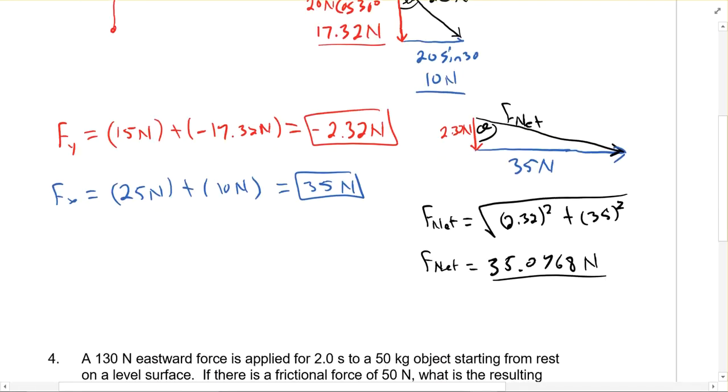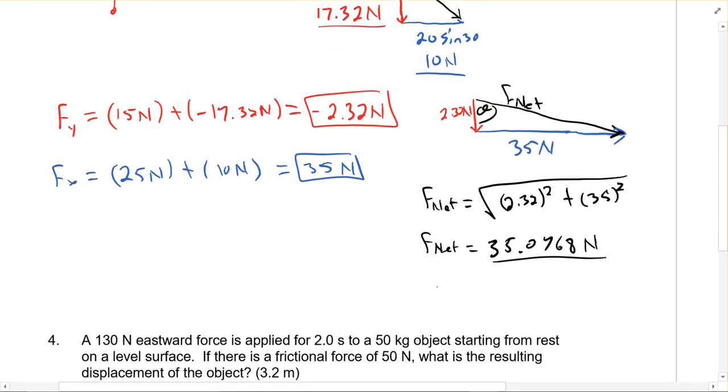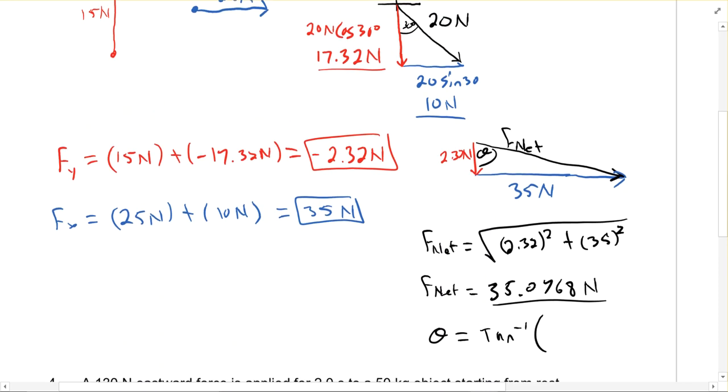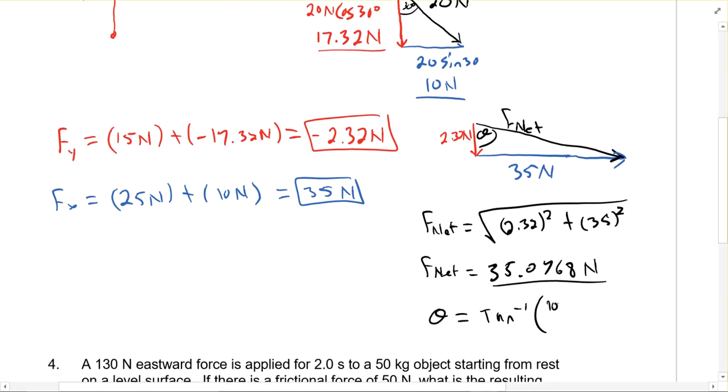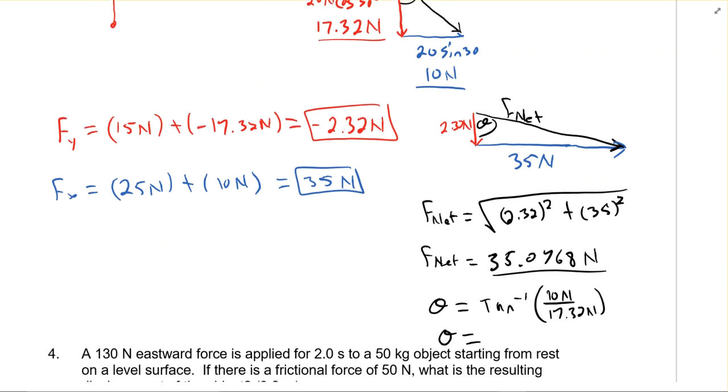I also got to figure out what the angle is, so I'll do that right now too. So the angle here, theta, is going to be equal to tan negative 1 of 10 divided by 17.32 newtons. So theta is equal to, whoops, hopefully you guys caught my mistake.